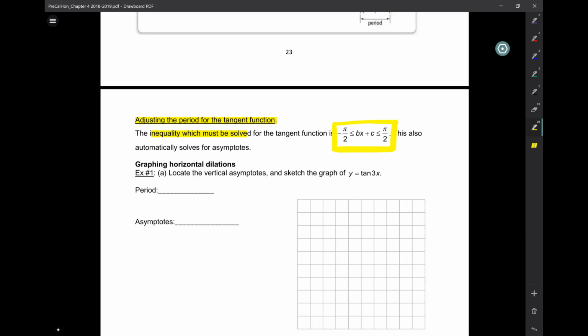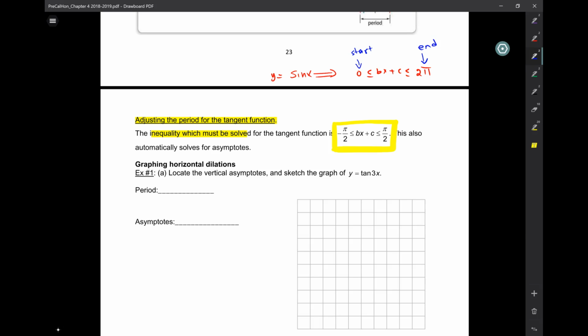So, for sine and cosine, it was 0 less than bx plus c less than 2 pi. Why did we do that? Because this was the start and end of that initial cycle.